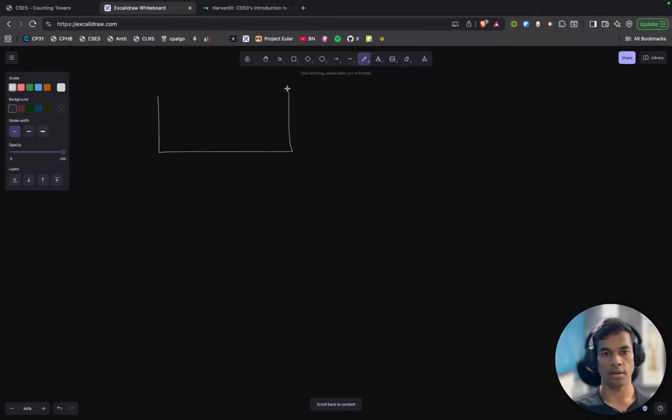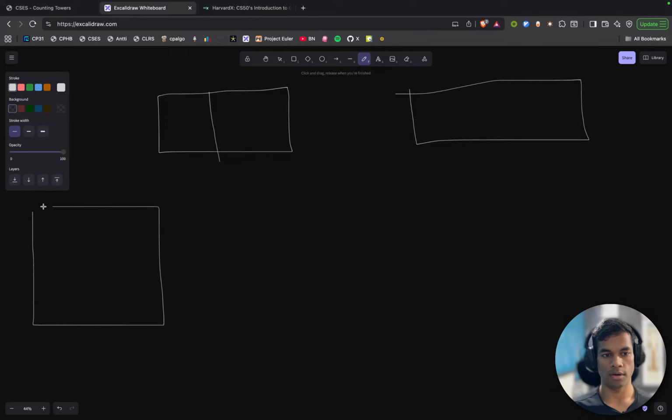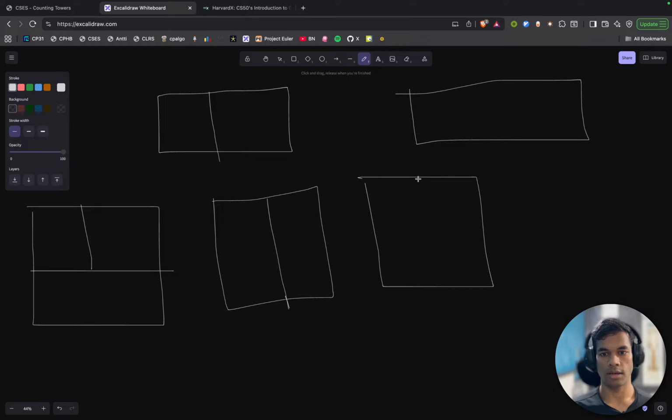Line or no line. If there is a line on the top, then one thing we could do is make a horizontal line. Okay, cool. One thing we could do is extend it downwards. Okay, cool. And is there something else?